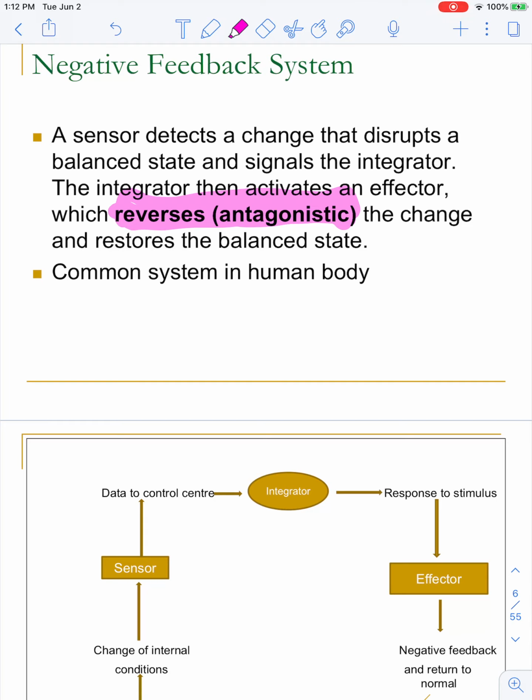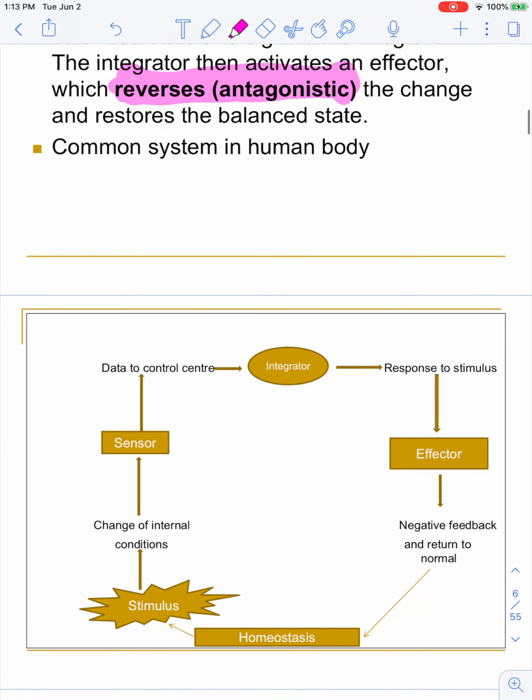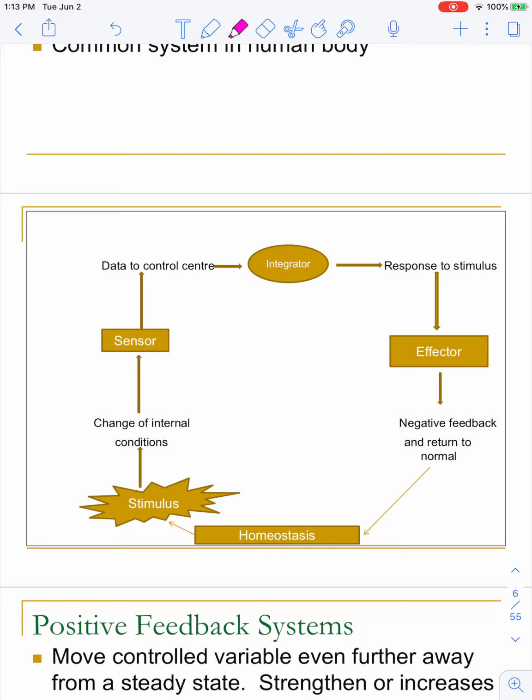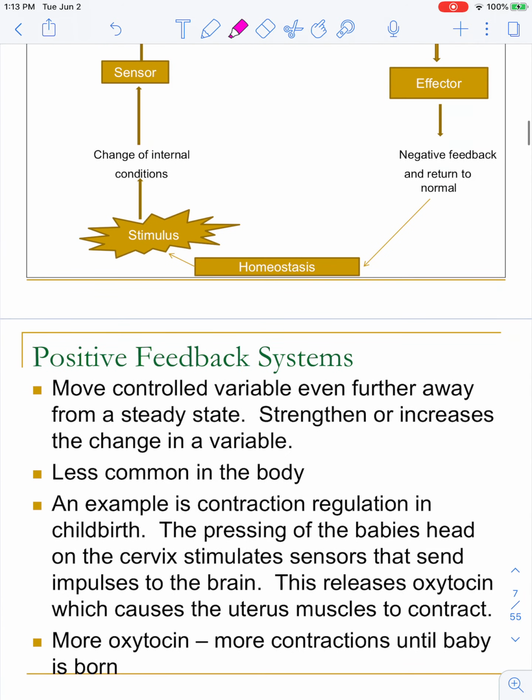Most of the feedback systems in living organisms by far are negative feedback systems. So this is the important one. We're going to be looking at negative feedback systems over and over again. And there's really only a couple examples of positive. So very common in the human body. If you want to have a little diagram of how that works, there's one there.